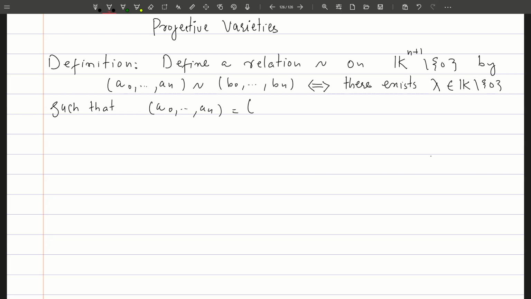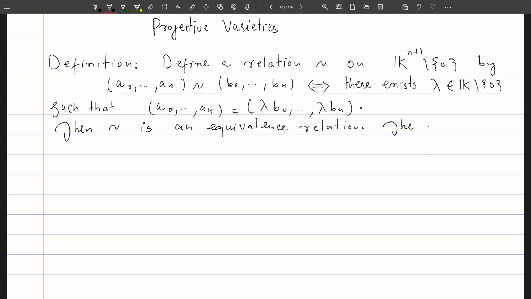These two points differ by this scalar multiple. One can note that this relation is an equivalence relation. One should verify this; it is trivial.